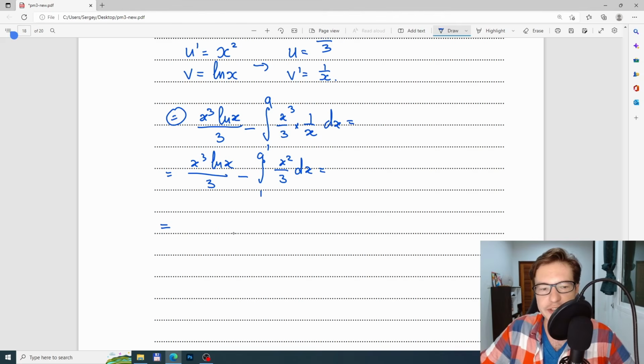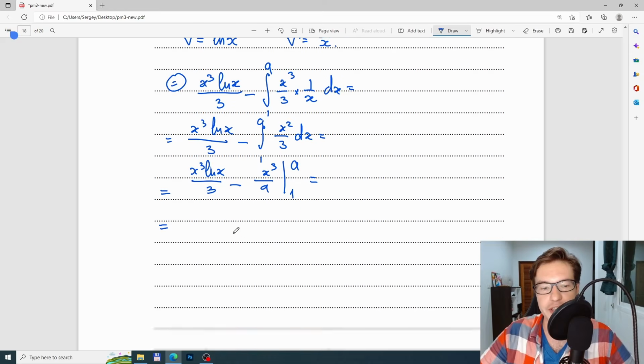Now time to integrate, and I'll get x cubed log x over 3 minus x cubed over 9, and I'll have to substitute the limits from 1 to a. Okay, so now let's substitute the upper limit.